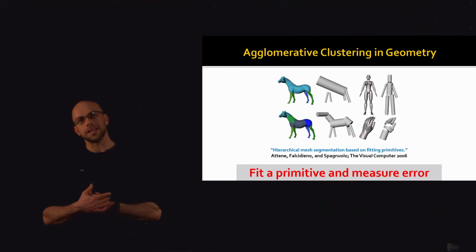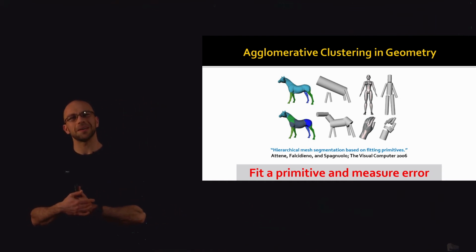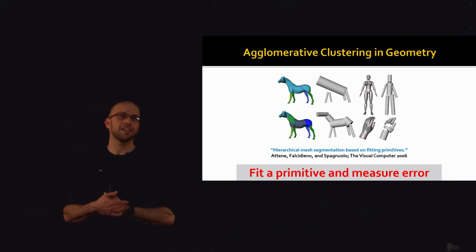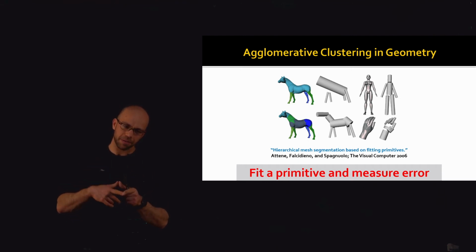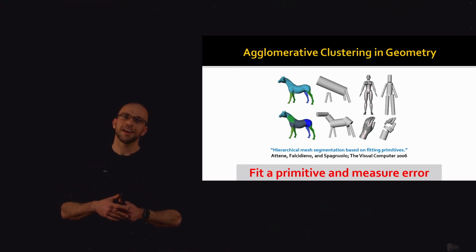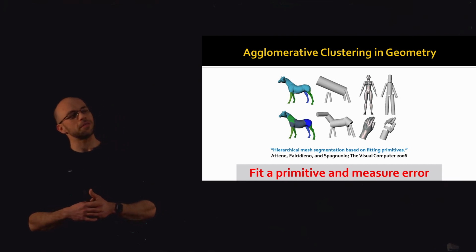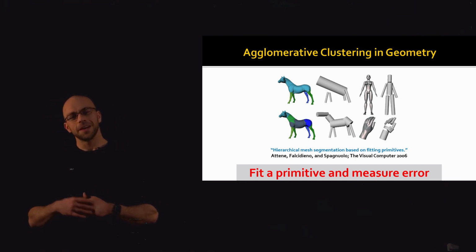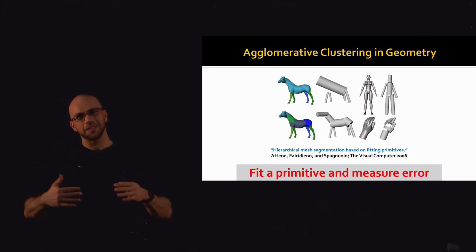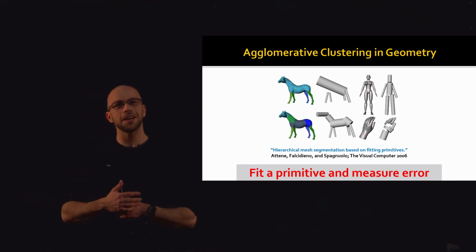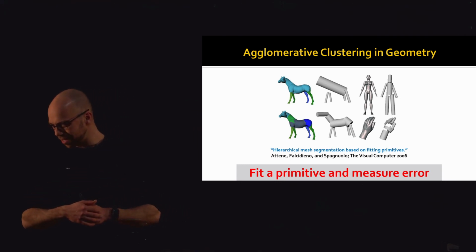So this is a really easy agglomerative clustering technique where initially I think of every single point as in its own cluster, and now the cost of gluing two clusters together is basically the expense of the best fit sphere or cylinder to the union of those two sets of points. And the agglomerative clustering algorithm just keeps gluing together the ones where it's the cheapest to do that, and it turns out this is a pretty effective technique.